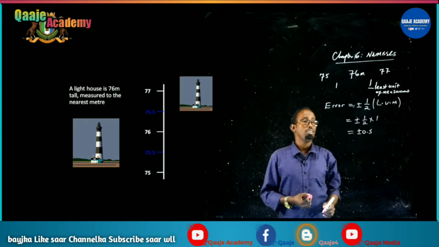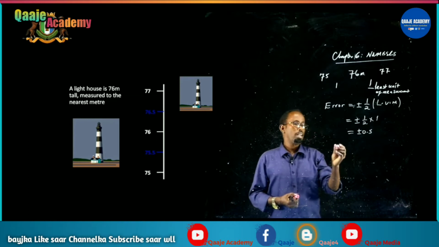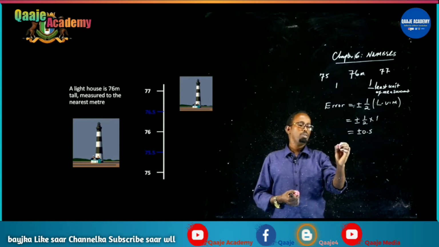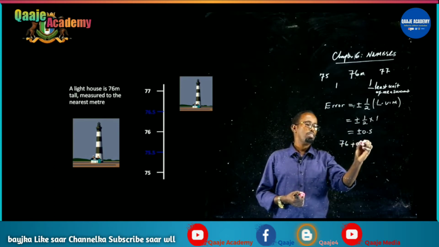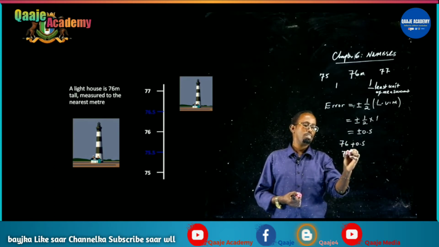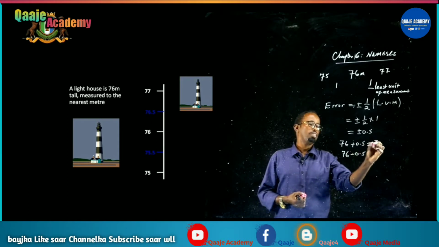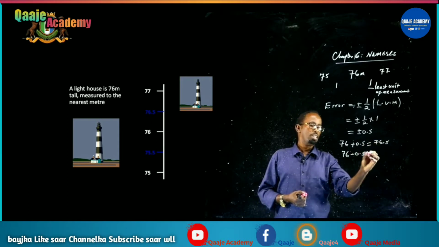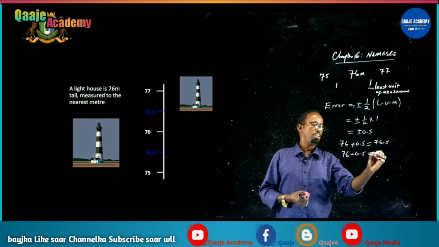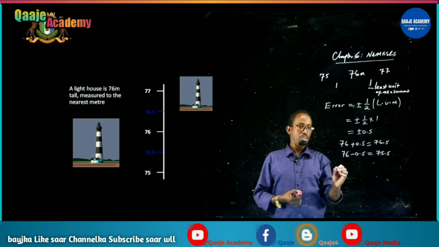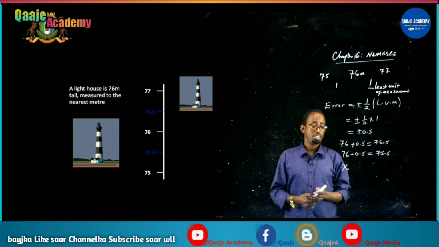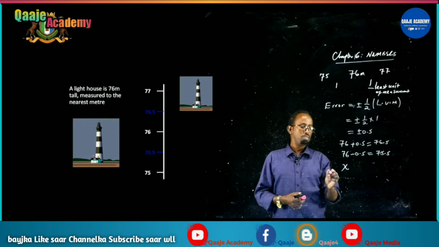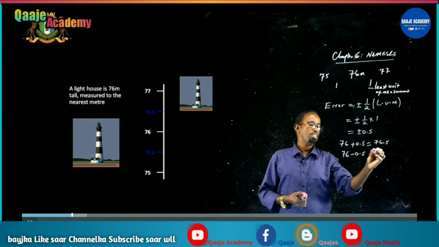So for the lighthouse, the upper will be 76 plus 0.5, and then 76 minus 0.5. So this is 76.5, and then 75.5.